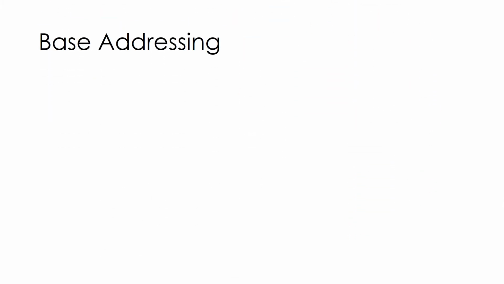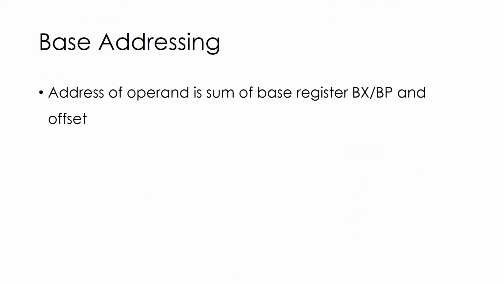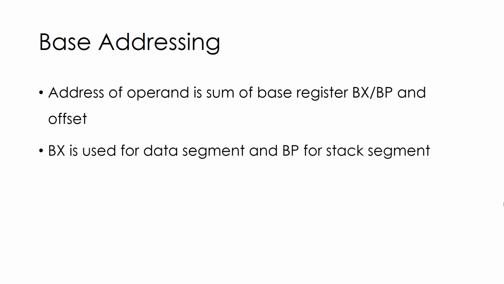Base addressing. In this, effective address of operand is the sum of base register BX or BP and offset. Register BX is used for data segment and BP for stack segment. For example, MOV AX, [BX+02], where AX and BX are the registers and 02 is the offset.